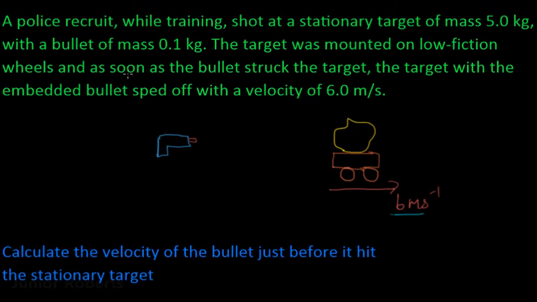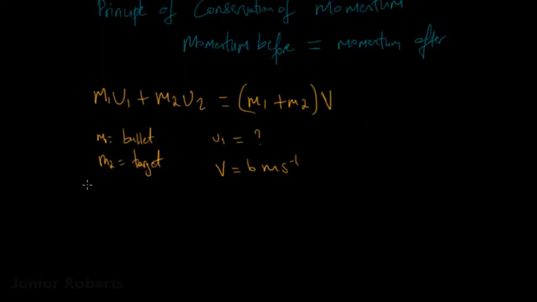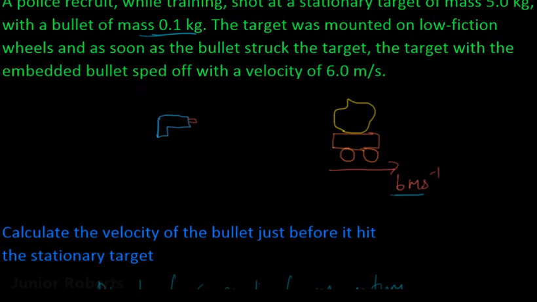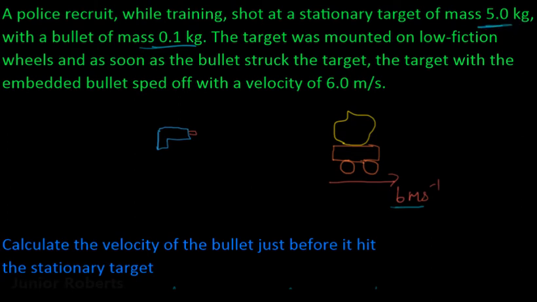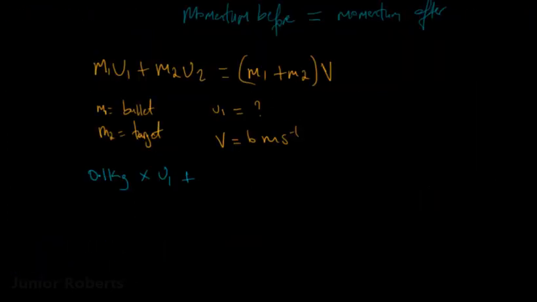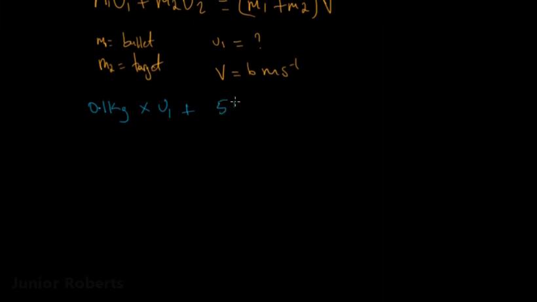The mass of the bullet is 0.1 kilogram, so we'll say 0.1 kilograms multiplied by u1, which is unknown in this case, plus m2. m2 is the mass of our target, which was 5 kilograms, and it says that the target was stationary, so the velocity would be 0 meters per second.